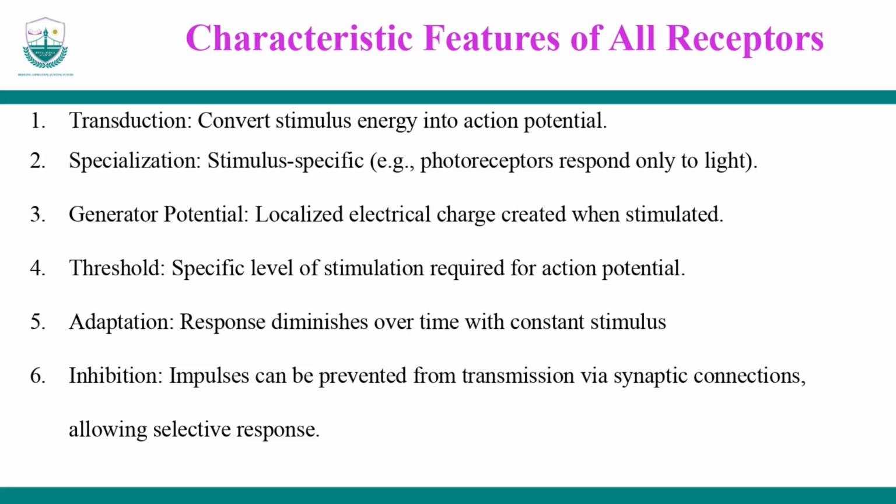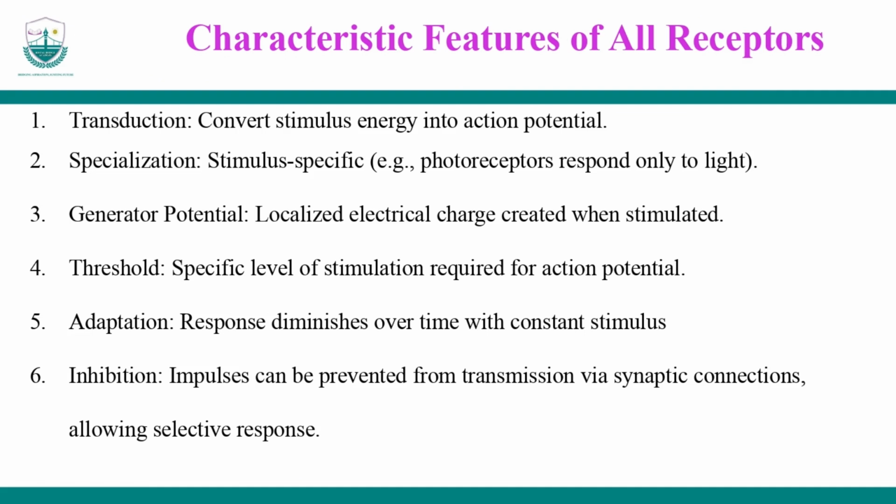We will see that for transduction to happen, you need to have the information exceeding a particular threshold value. This is basically to say that if the stimulus is not very strong, then you cannot have an electrical impulse being fired. That information is not sent to the brain.